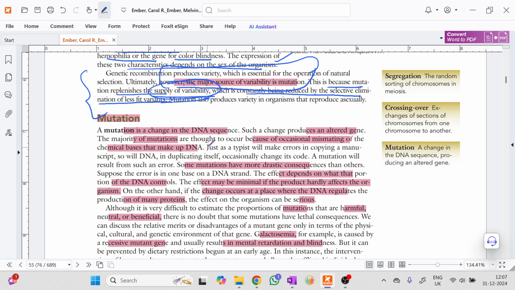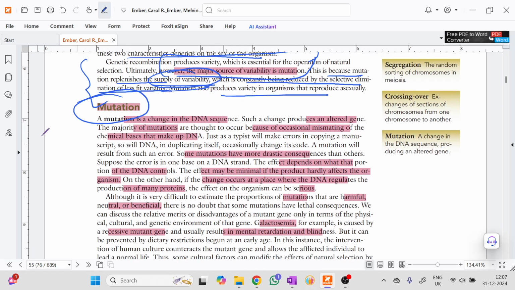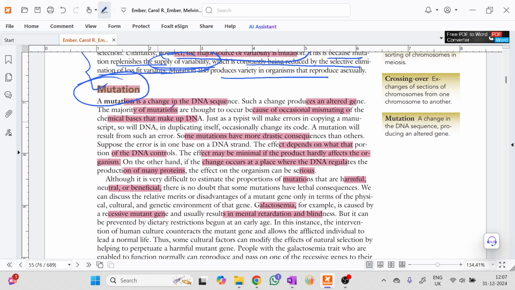So if variations are eliminated, natural selection will gradually fade away. So to bring in more variations, to replenish the shortage of variability, mutations come into force. And then mutations bring much needed variability.